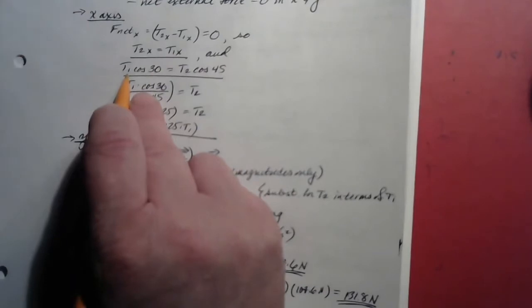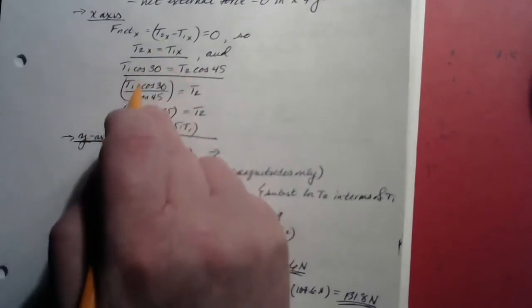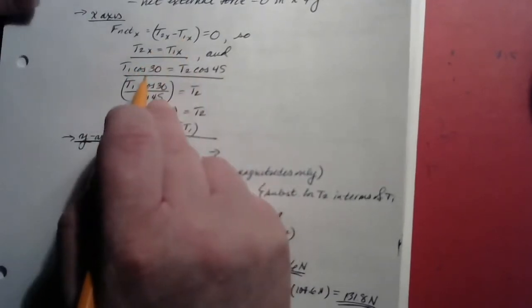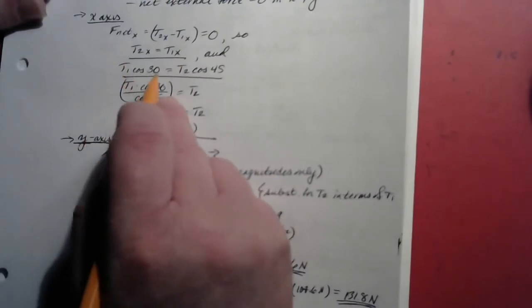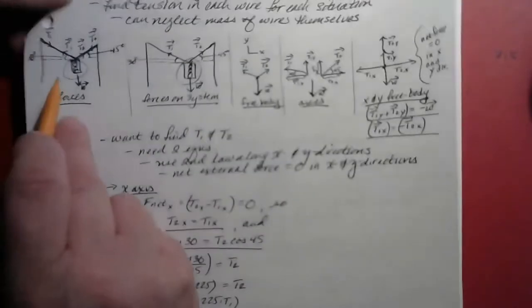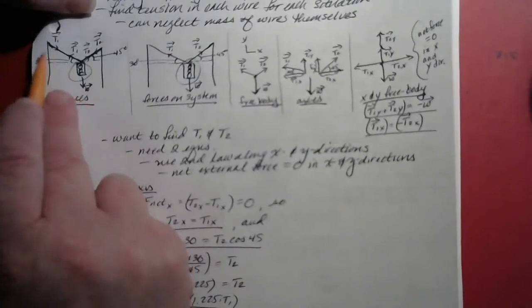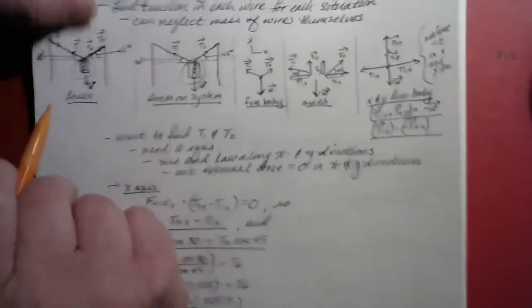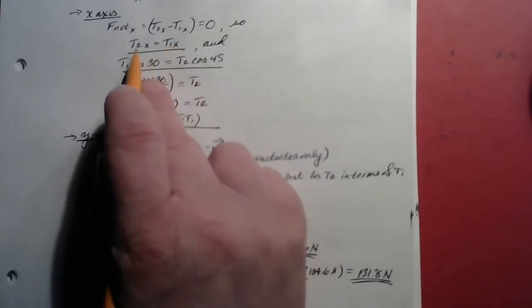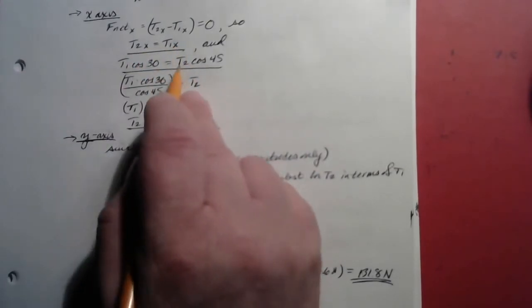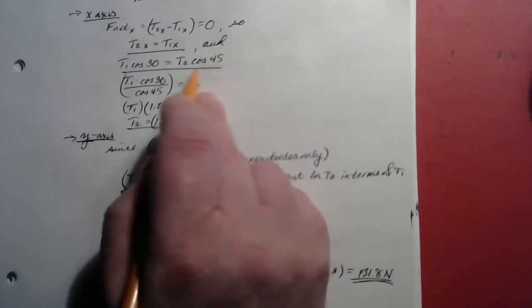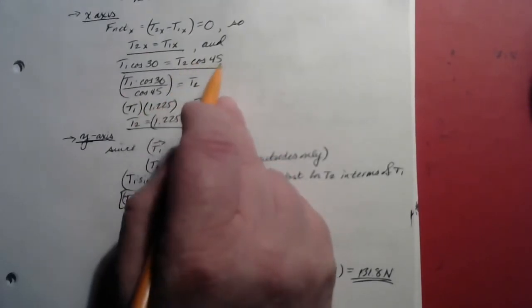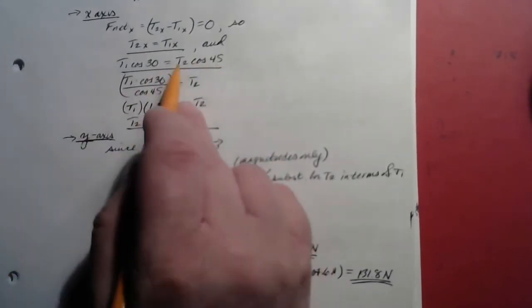And that would mean that the x component of T1 is T1 cosine 30, because 30 is the angle associated with T1. And the x component of T2 would be T2 times cosine 45, because 45 degrees is the angle associated with T2.